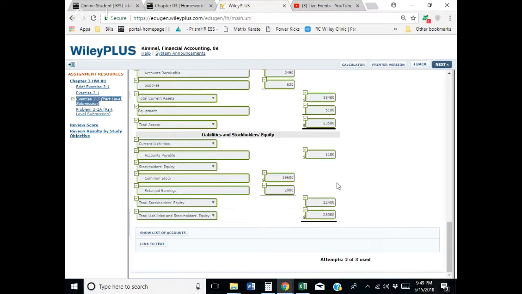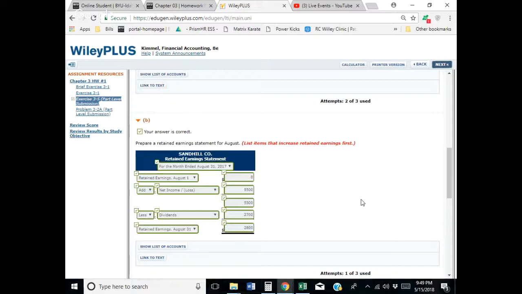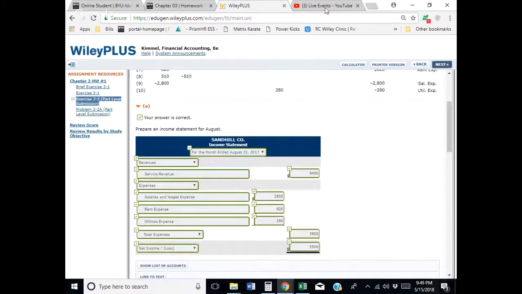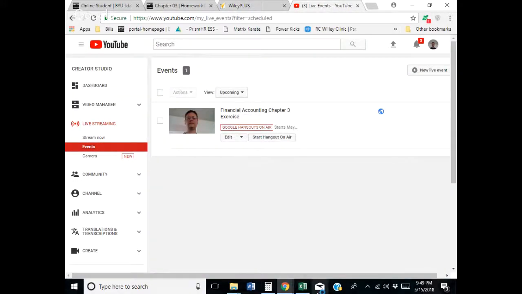As you see up here, that equals our total assets. And the accounting equation, assets equal liabilities plus stockholders' equity. So these accounts balance. So that was exercise 3-5.